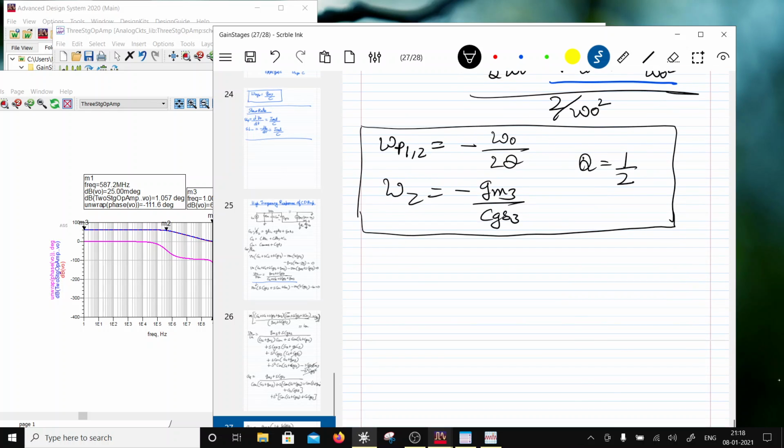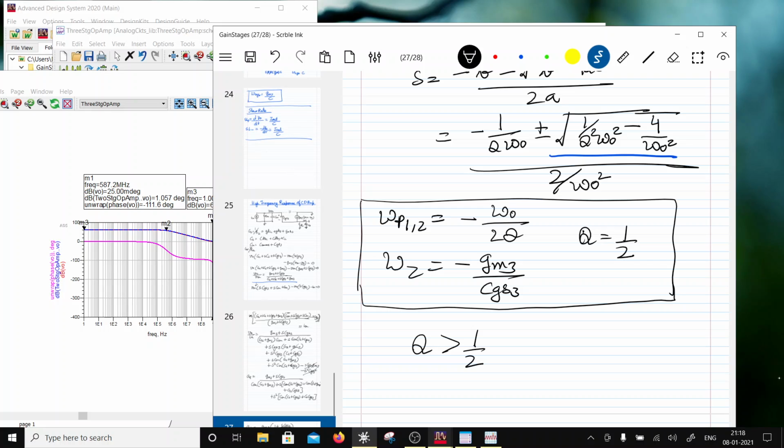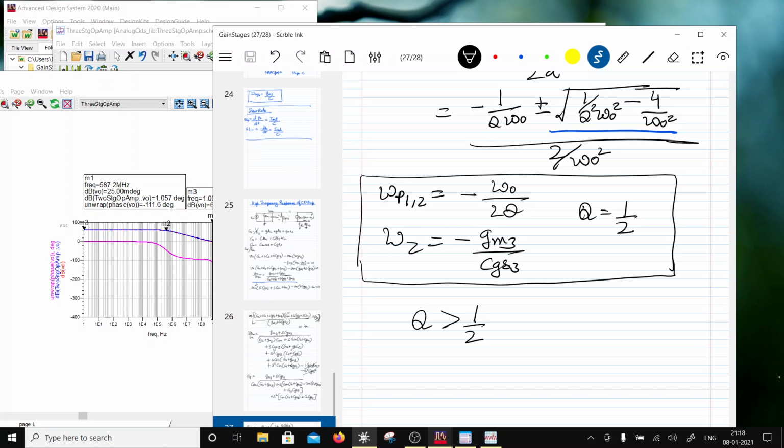But now let us consider Q is greater than half. If Q is greater than half, then this term which is inside the square root would be the square root of a negative number.